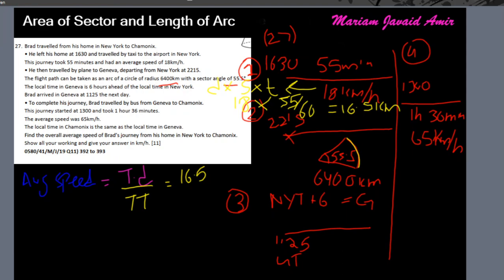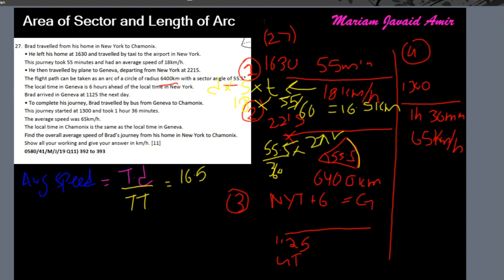This length will be theta over 360 times pi r squared. So pi times 6400 squared. 55.5 over 360 times, sorry, it should be 2 pi r, big mistake, times 2 pi r.